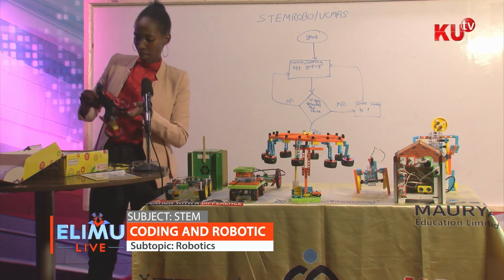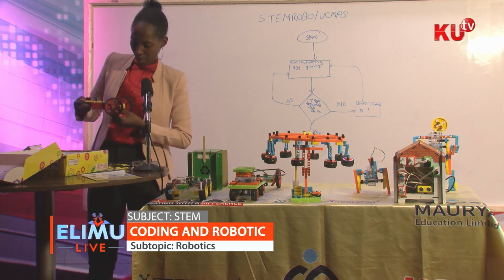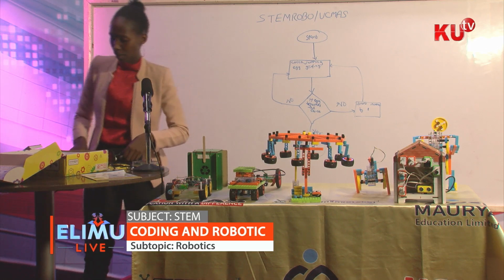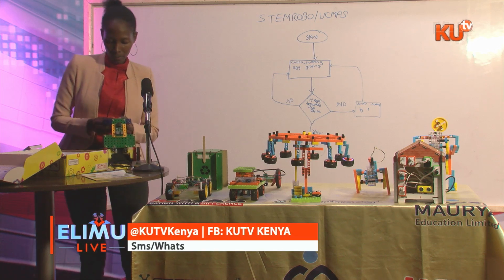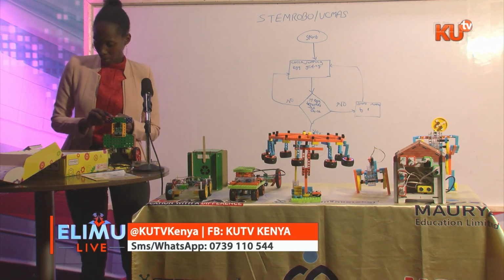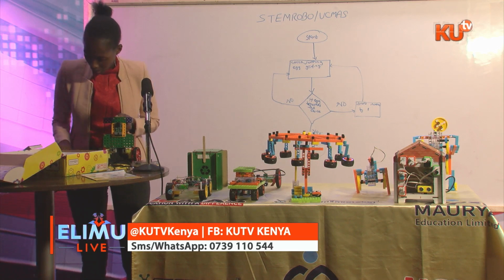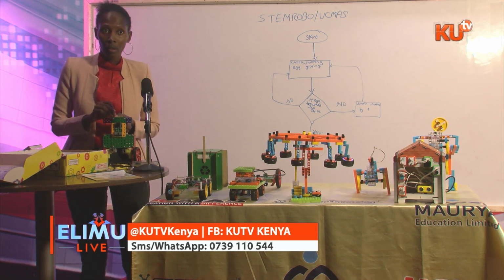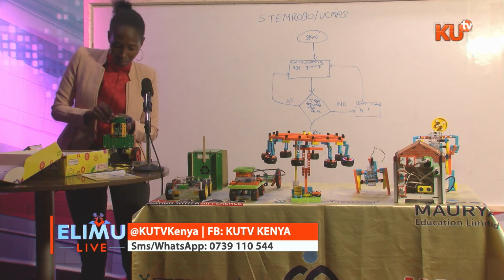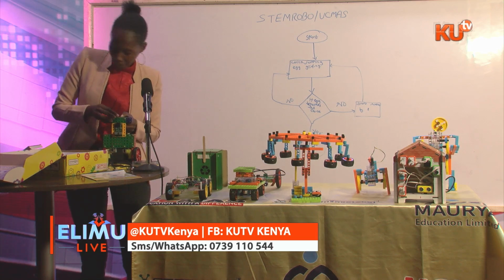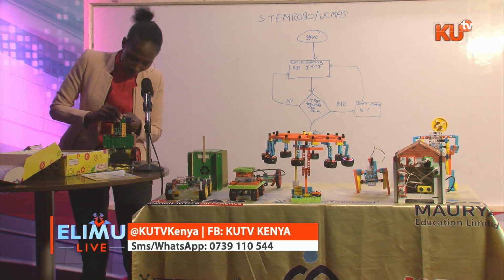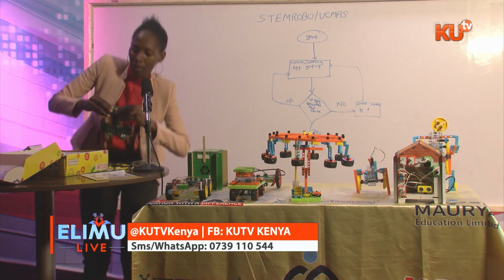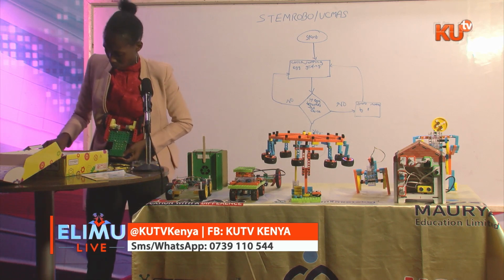Then now you have to fix a caster wheel at the front here to act as the other two wheels for the car. So first I'm going to put this plate here. Then I insert my nuts. So tighten it also.